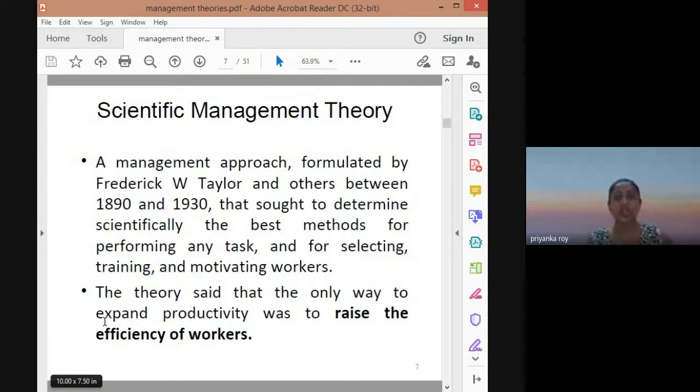So it was between the 1890s and 1930s that he sought the scientific determination of the best method of performing any task, and of selecting, training, and motivating workers. The theory said that the only way to explain productivity was to raise the efficiency of the workers.